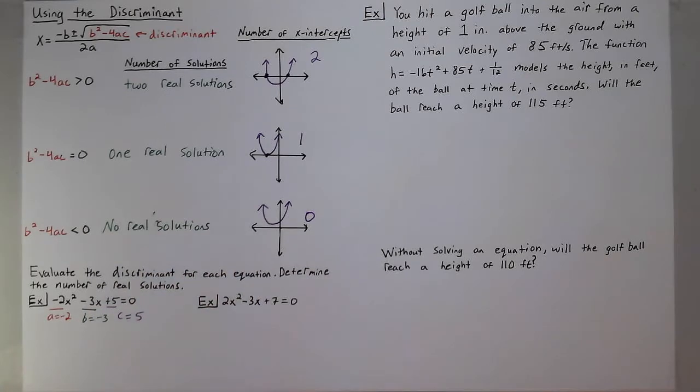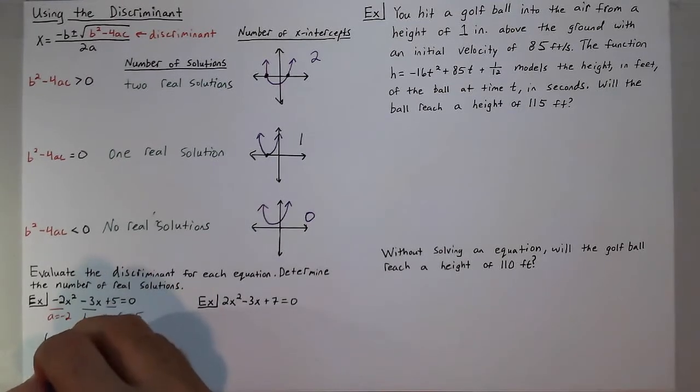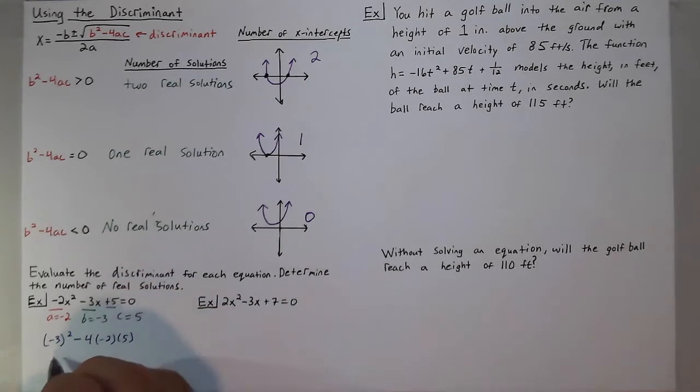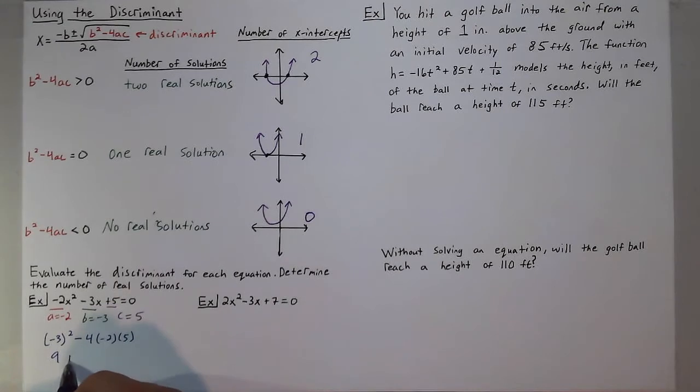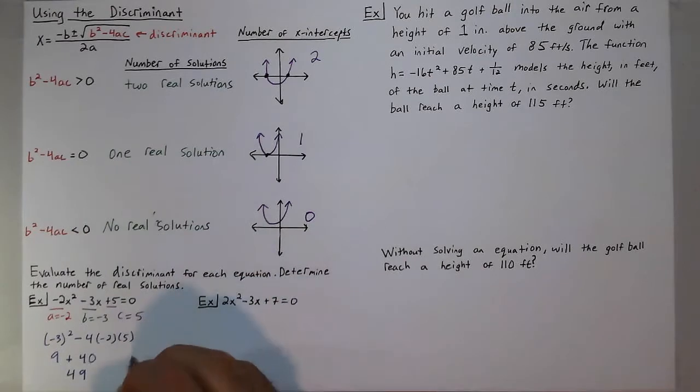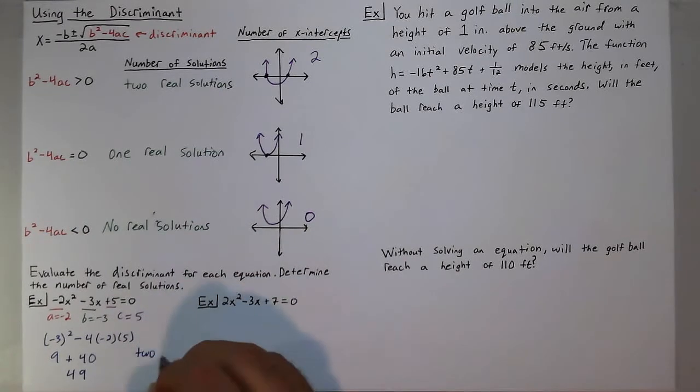So if I were to use my discriminant, I would have negative 3 squared minus 4 times negative 2 times 5. This gives me 9 plus 8 times 5, which is 40, giving me 49. Now, since that is a positive number, it's greater than 0, that means I have two real solutions.